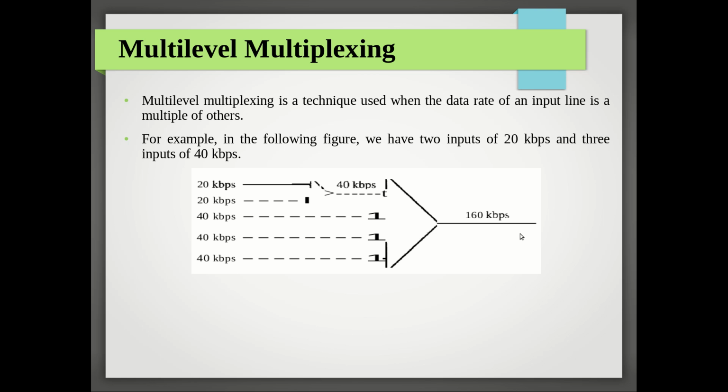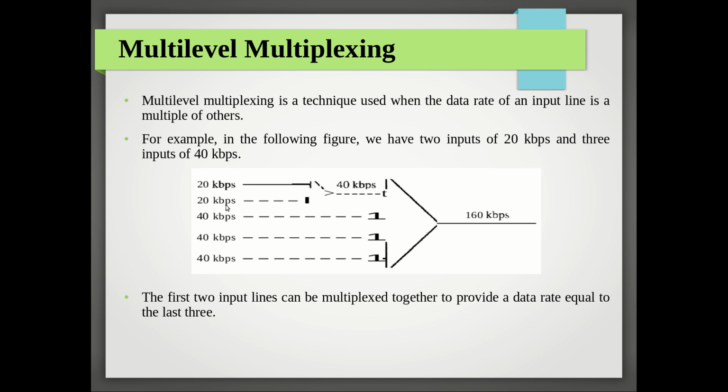Okay, so this is one technique by which we can manage the disparity or differences in the data rate, provided the situation is favorable like this. When you are combining them, the data rate of one should be a multiple of the other, and then only you can apply this multi-level multiplexing.